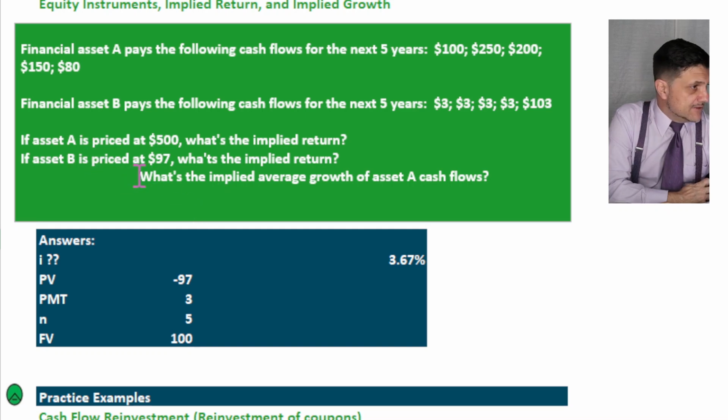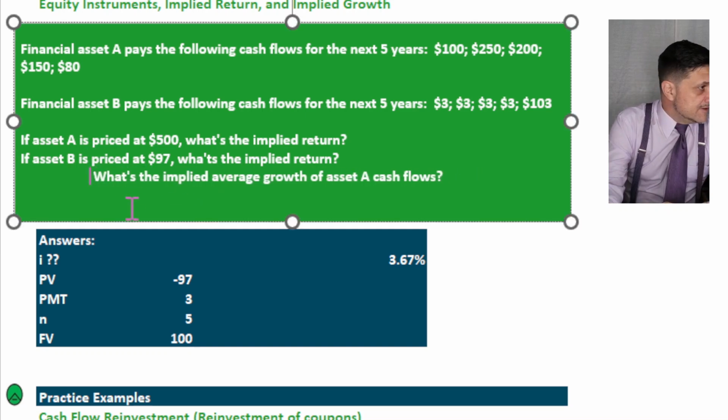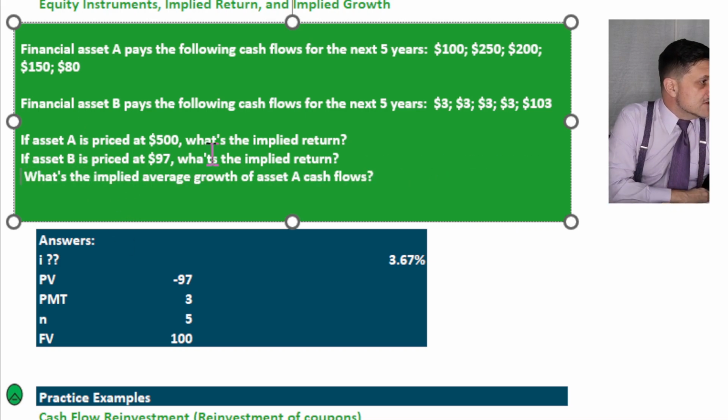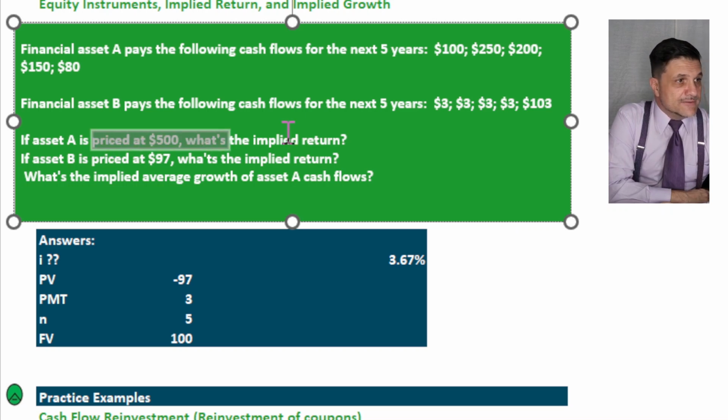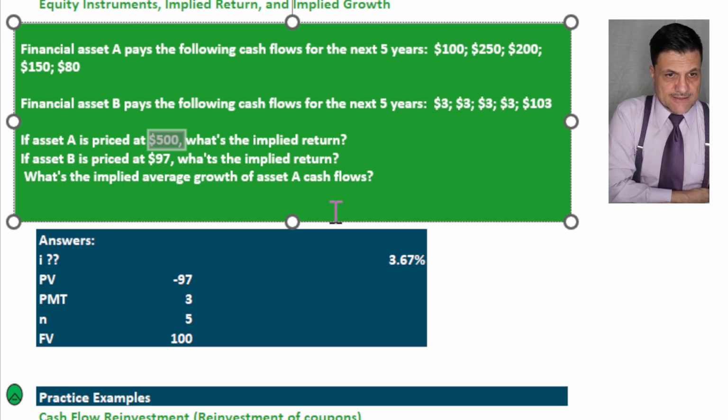So take a look. I'm going to put this one closer here because I want to make use of this space. There you go. So asset A is 500. What is the return? Well, I need to know what would be the implied return on those cash flows that I have.